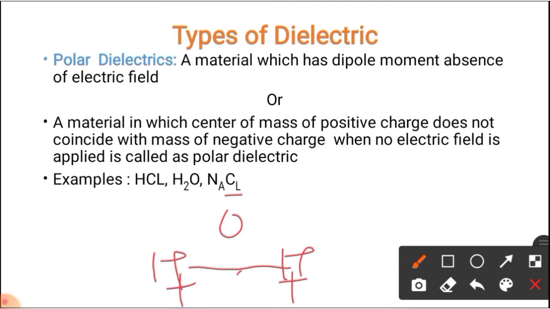The center of mass is considered here, and this is the negative charge of O. So there is some distance between the center of mass of positive charge and the center of mass of negative charge when no electrical field is applied. So it is nothing but an electrical dipole, and the net dipole moment is from negative to positive. So this is the polar dielectric.